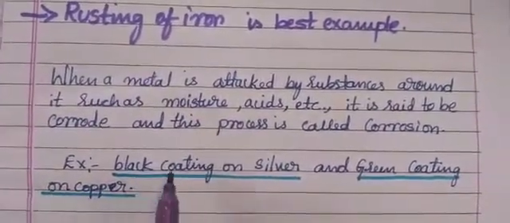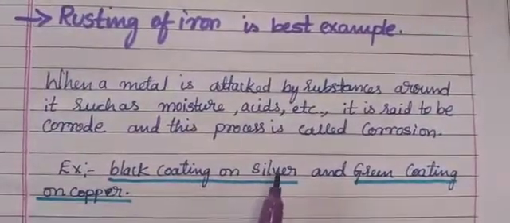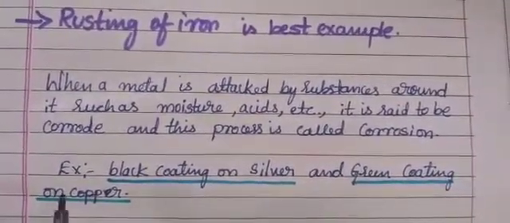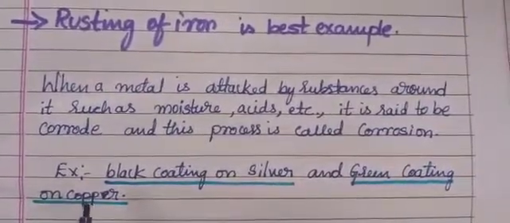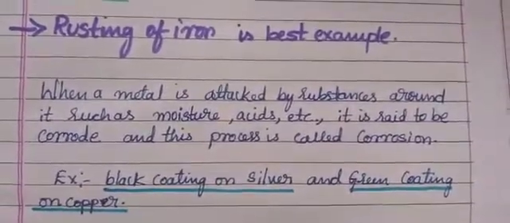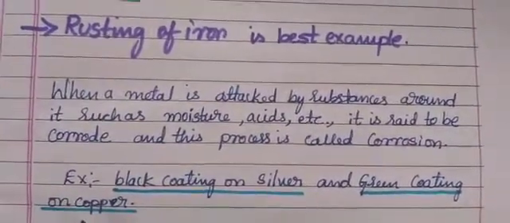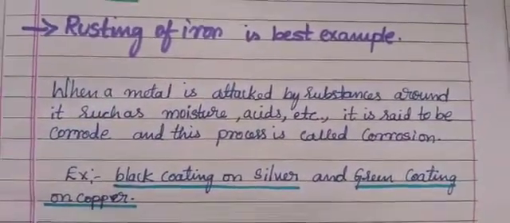Silver articles and jewels quickly turn black, that is also an example. And copper items quickly turn green when they come in contact with water, oxygen, moisture and carbon dioxide.